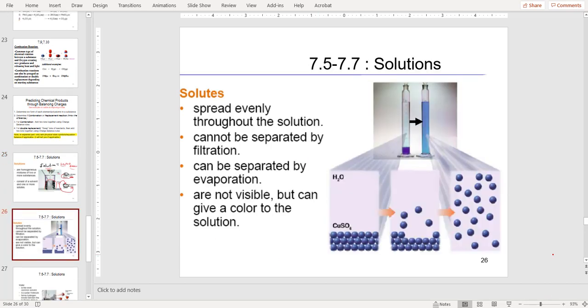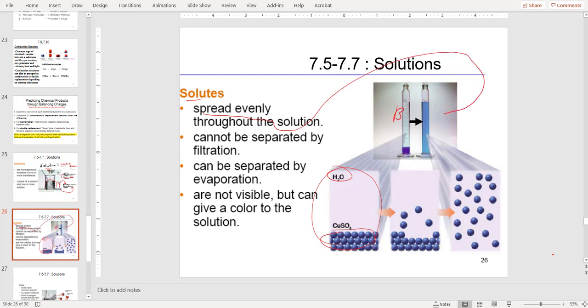In this example right here, it looks like there's a lot more water, so copper sulfate is the solute, water is the solvent, and then added together it's a solution. Now, for many substances, solutes like to spread out evenly, and that's a hallmark characteristic of a homogeneous solution.